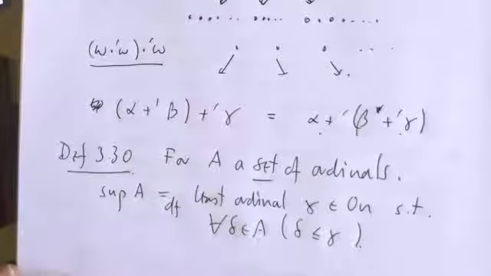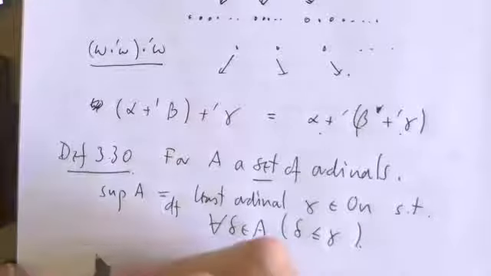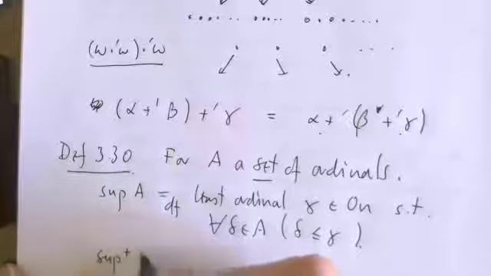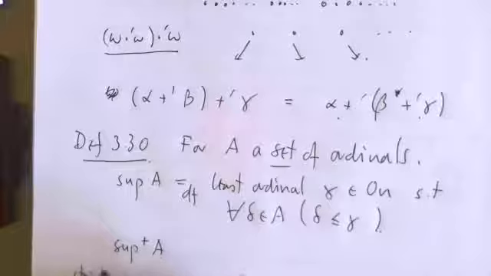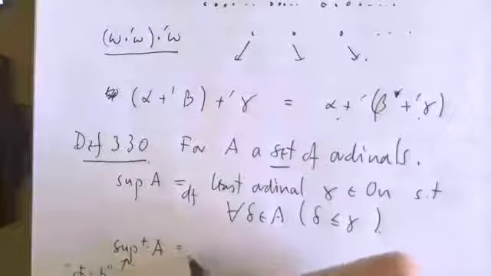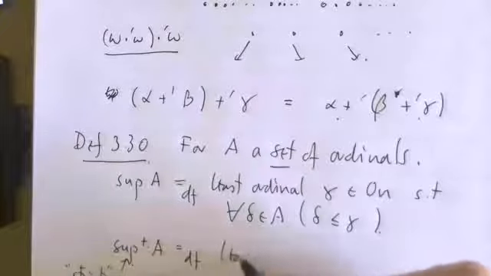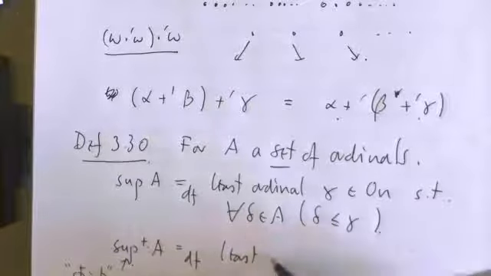So it's the least thing greater than or equal to everything in A. We use this once or twice. This will be the strict sup, with a little plus up there. This is the same thing, but I put strict less than here.